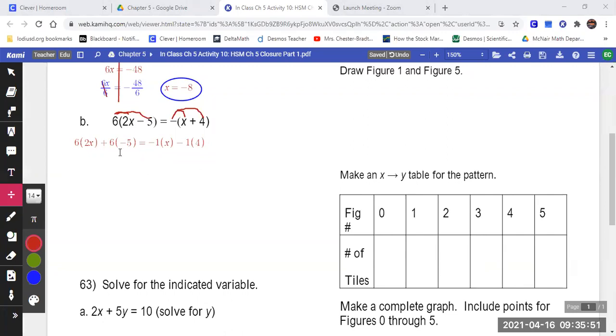So now we're going to do the math. What's the math come out to be?